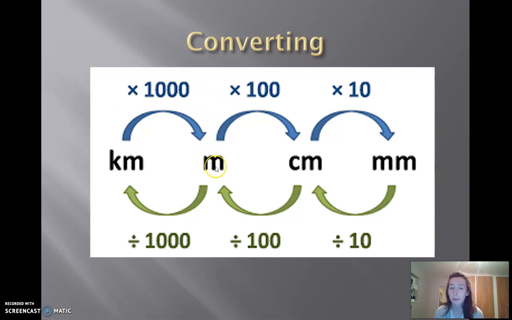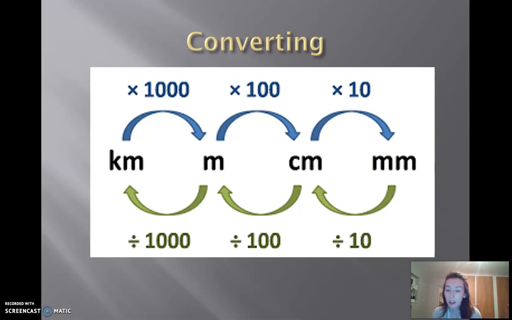If you have 20 meters and you want to know what 20 meters is in centimeters, multiply that by 100 and you should get 2,000 centimeters. Then for centimeters to millimeters, you multiply by 10. So if you have 4 centimeters in millimeters, it is 40.